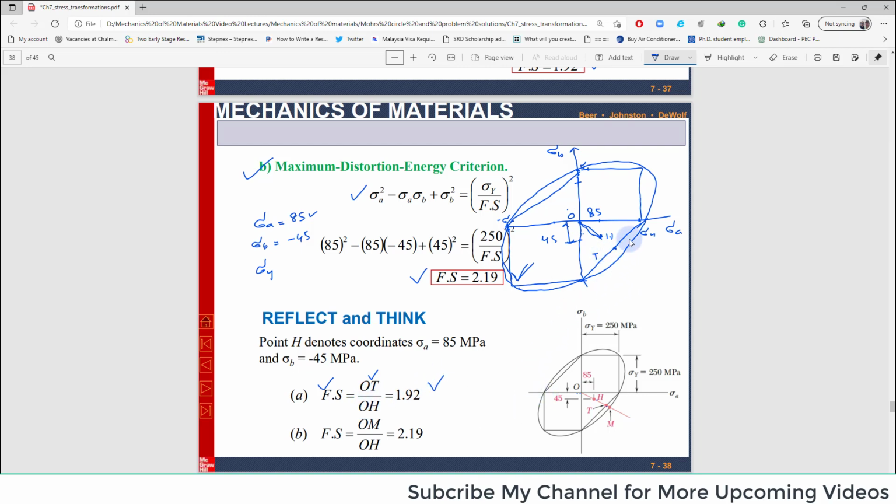Similarly for the maximum distortion energy criteria, this will be your point, which is OM. So OM over OH will give you 2.19. Again you can see that the maximum distortion energy criteria is more favorable or flexible as compared to Tresca criteria.